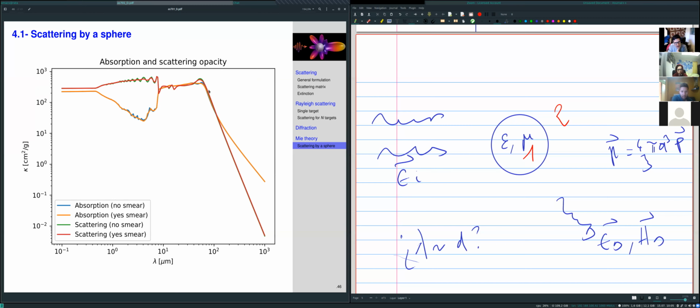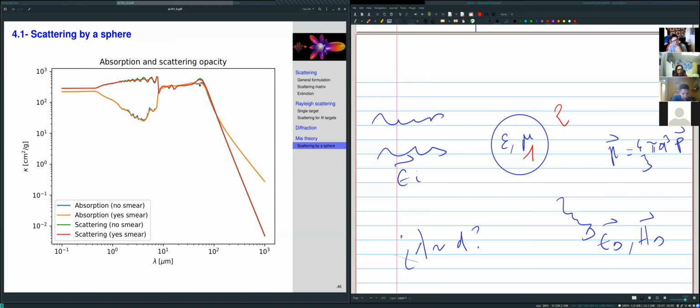But more interesting is the scattering cross section in green and red. Let's focus on the red line now. The scattering cross section shows big oscillations for a single grain size, but when you average over a distribution of grain sizes, these oscillations are damped a little bit.